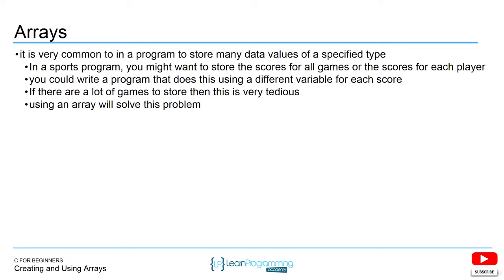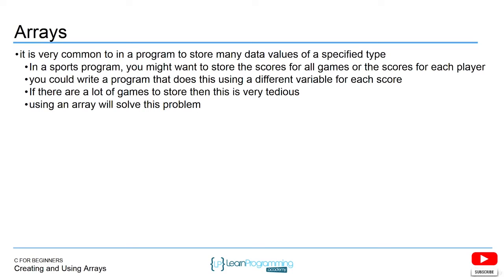In baseball, there's 162 games. If we were to write a baseball program that wanted to store some stats, we would have to create 162 variables, one for each game to keep the score. Now that is a pain in the butt. It would be very tedious and it's really just too much.